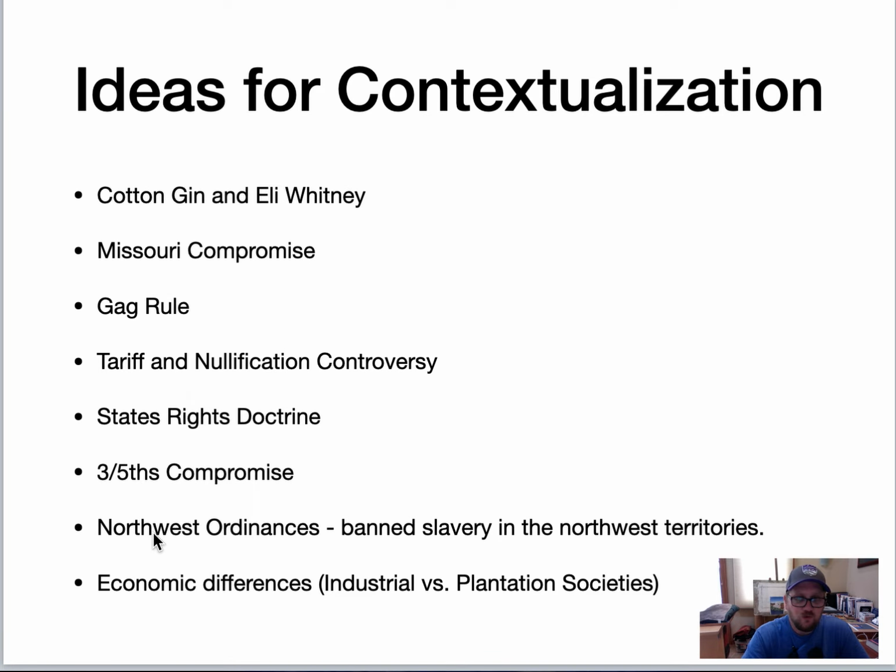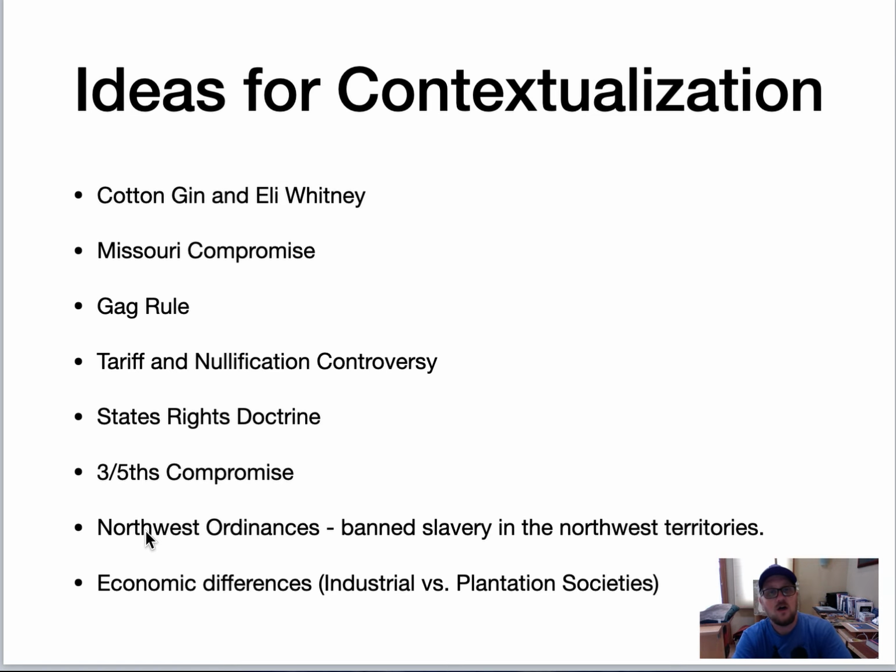I love the Northwest Ordinances because what Jefferson did when he wrote those was he created these 3 to 5 territories in the North, but he also included a banning of slavery north of the Ohio River. So that starts the north-south divide over slavery going forward in those Western territories. So I love the Northwest Ordinances in connection to contextualization here.